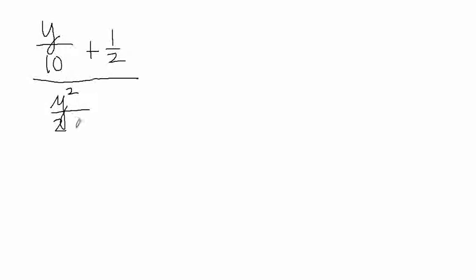Would you please try to simplify this complex rational expression? y over 10 plus 1/2 divided by y squared over 25 minus 1. Okay, so pause the video and try to solve this one.